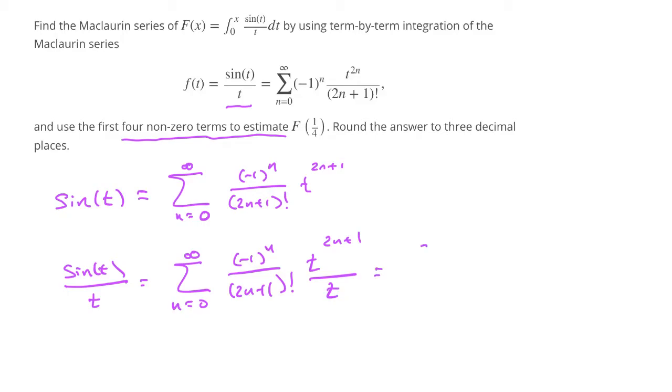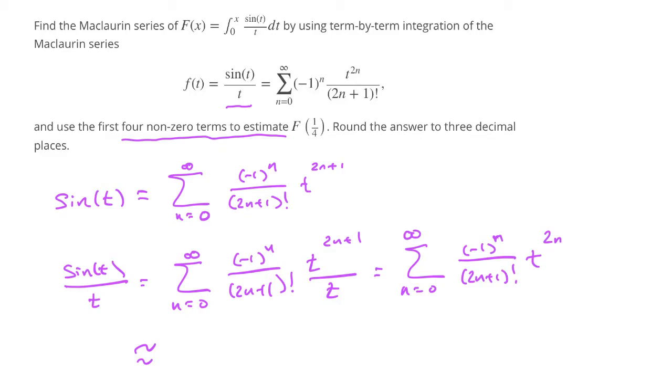And so really this just gives us the summation from n equals 0 to infinity of (-1)^n divided by (2n+1)!, times t to the 2n power. And that's where we obtain the series that they give us. Now if we want to approximate this with 4 terms, we just let n go from 0 up to 3.